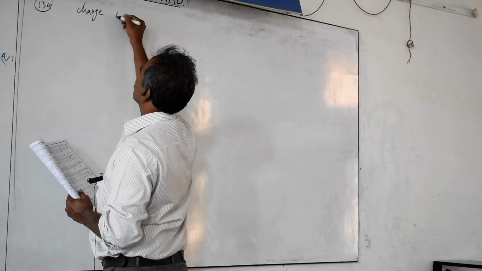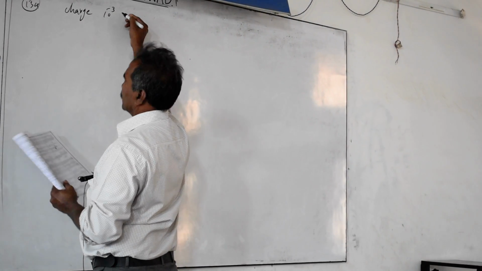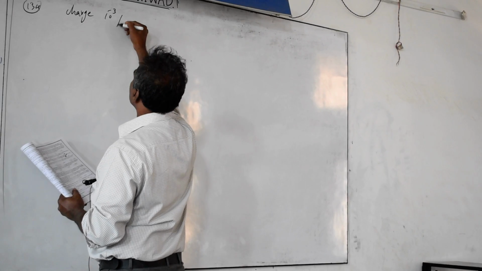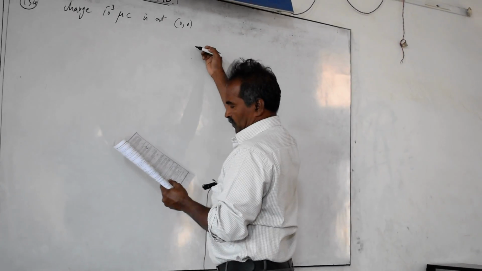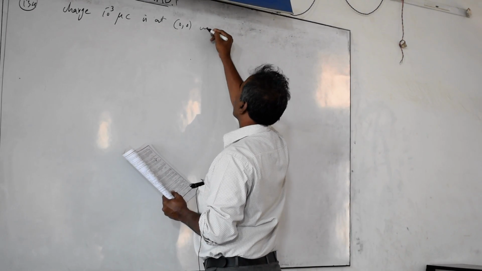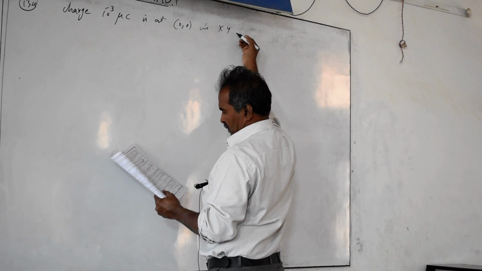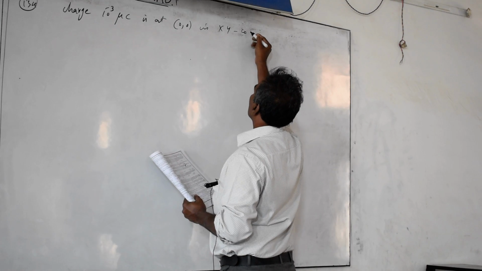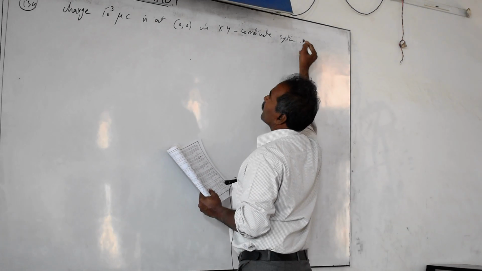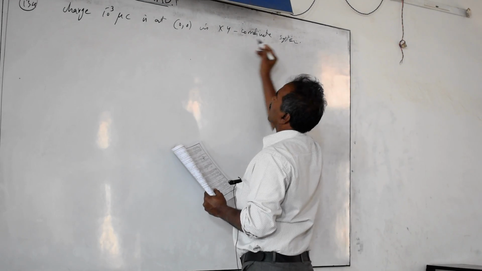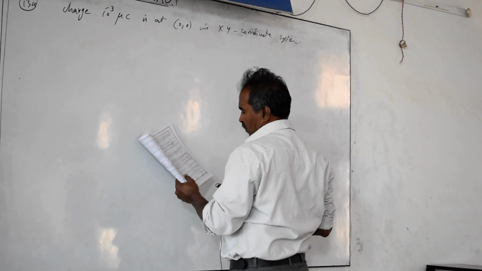A charge 10 to the power of minus 3 microcoulombs is at the point 0, 0 in the xy coordinate system. That means it is at the origin.